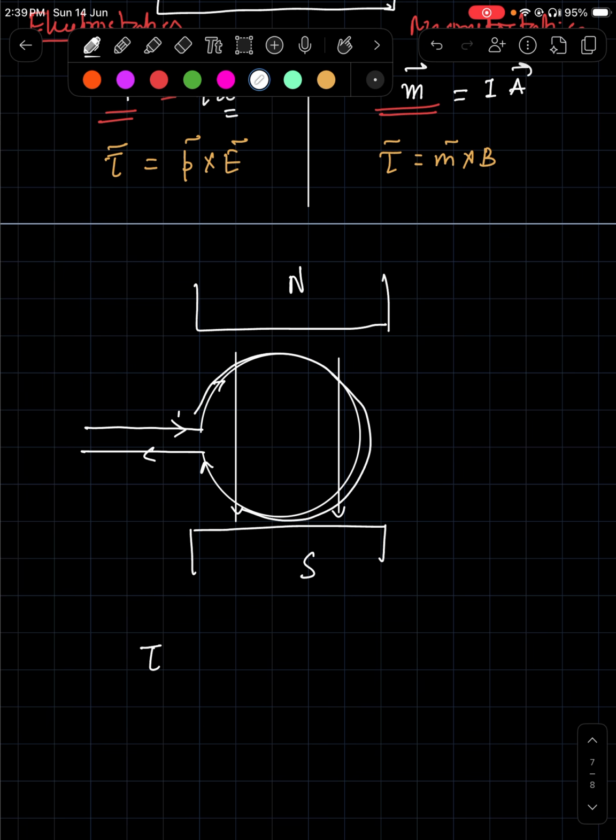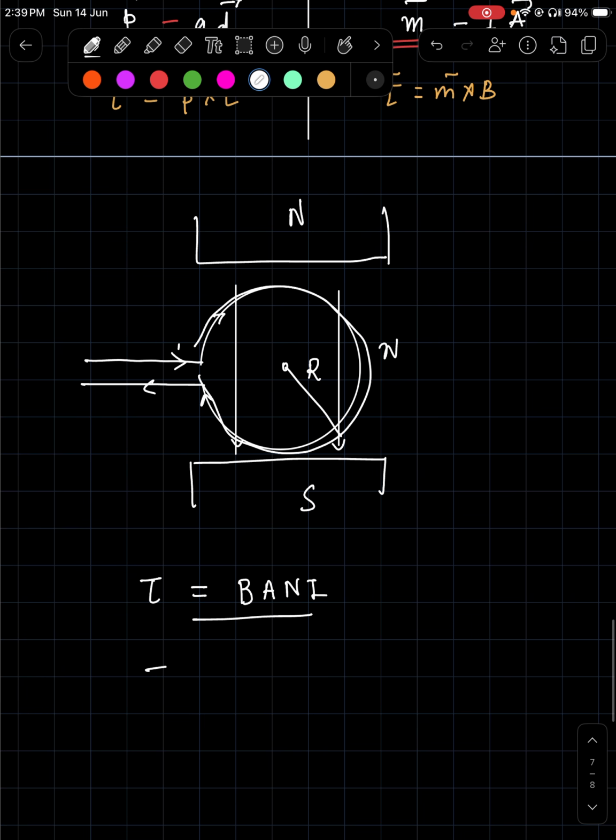If there are n number of turns and the average radius is r, then the torque becomes simple when the disk shaped plate is kept in a magnetic field with n turns and parallel to the magnetic field, then it is the same formula. And when the disk is slightly tilted, that means its area vector is making an angle alpha with the magnetic field, the formula remains the same.